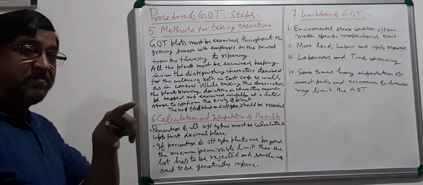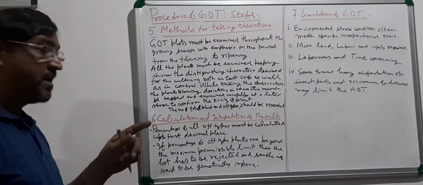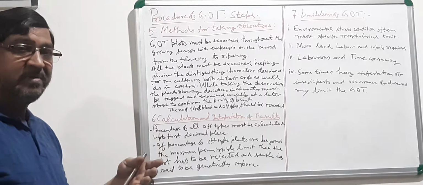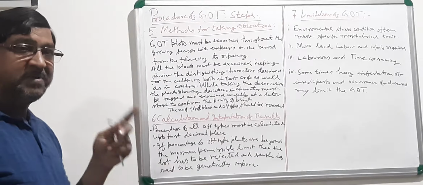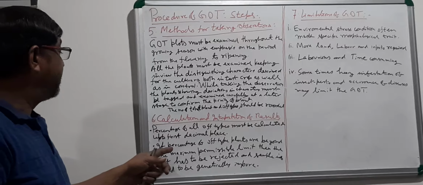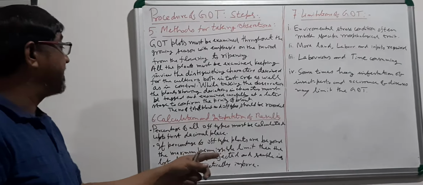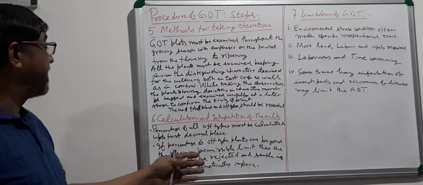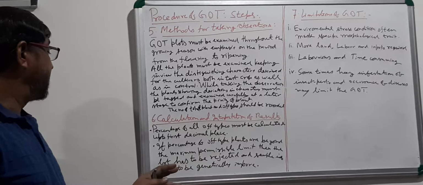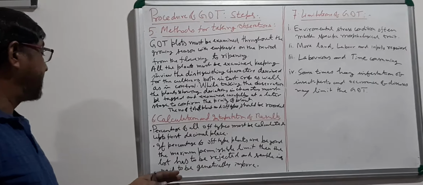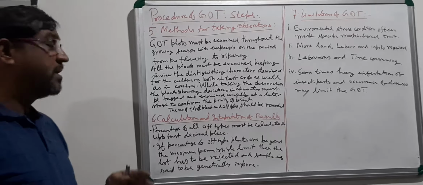Now you have to compare and see the minimum seed standard prescribed for that particular crop. If the percentage of off-type plants is beyond the maximum permissible limit, then the lot has to be rejected and the sample is said to be genetically impure.